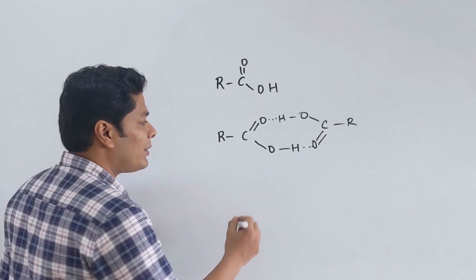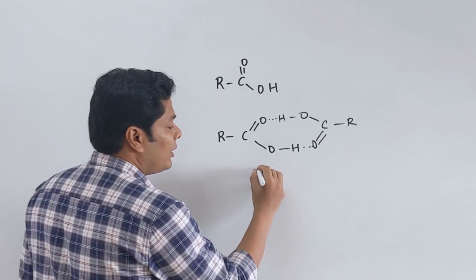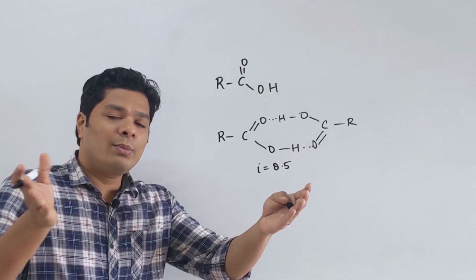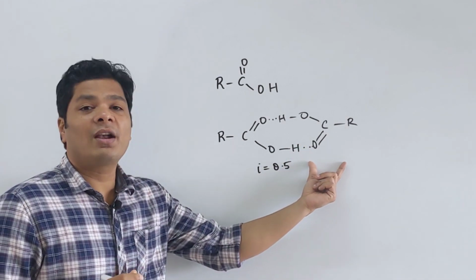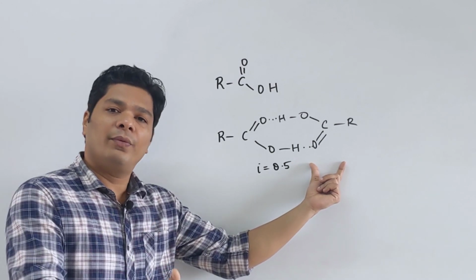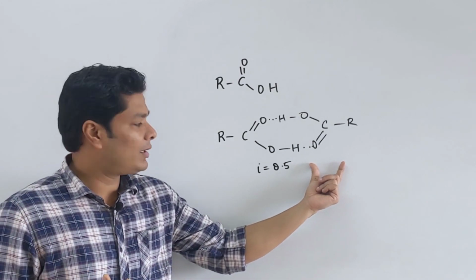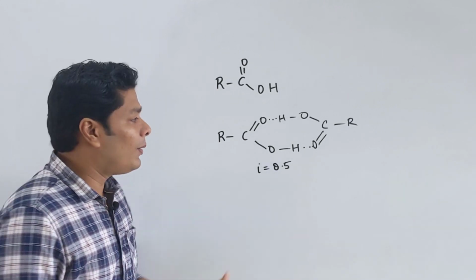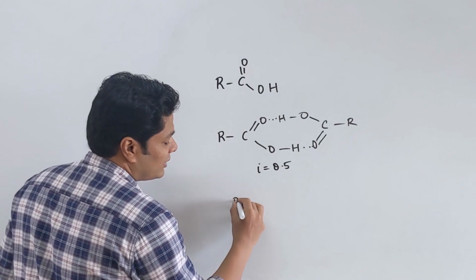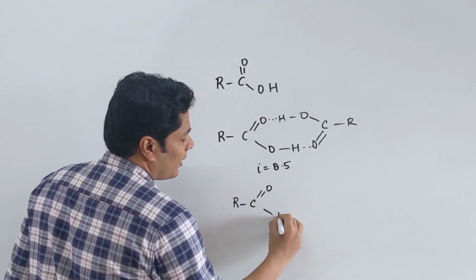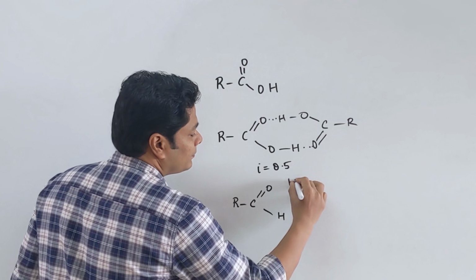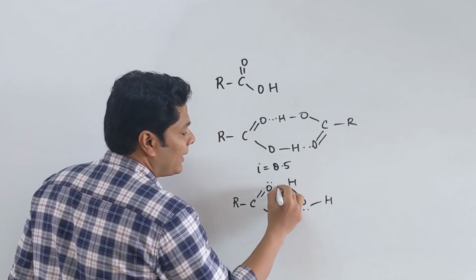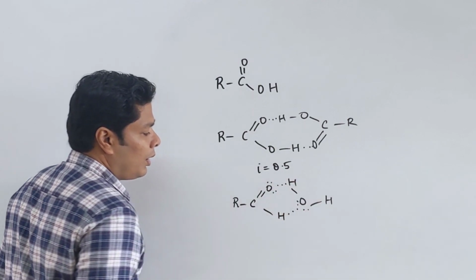If they exist as a dimer, in the solution chapter the i value is 0.5 because 100 molecules become 50 molecules if they exist as a dimer 100%. But the percentage of association could be different. We will deal with that in the solution chapter. Okay, so this is something you want to know, and also based on this, we can also say carboxylic acid can also form hydrogen bonding with water.